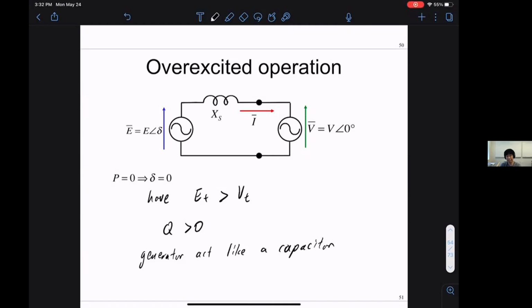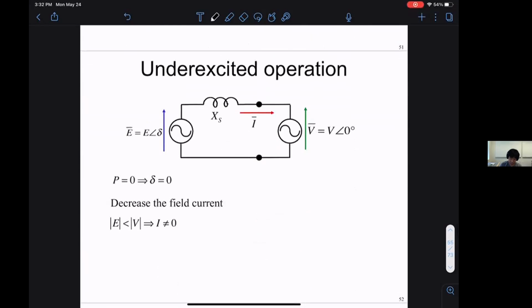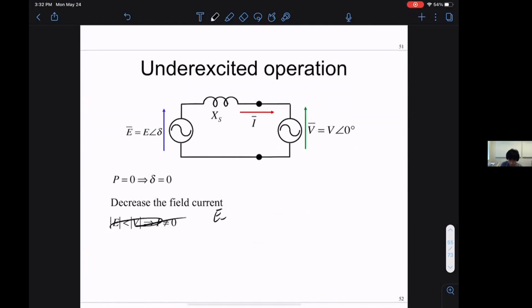So this is overexcited operation. You're producing reactive power while not producing any active power. Equivalently, you can have E_F less than V_T. Here you have Q less than 0, and here you behave like an inductor.